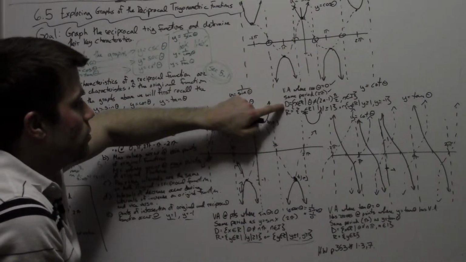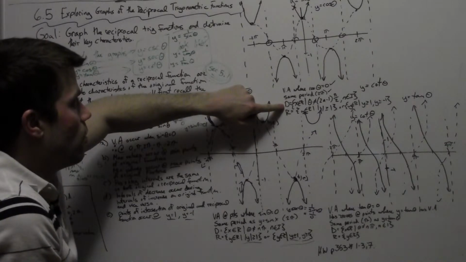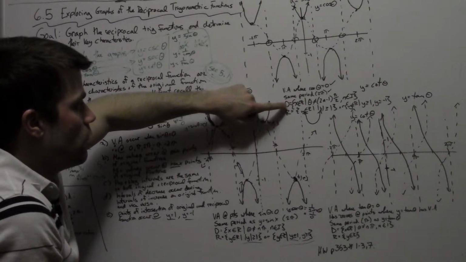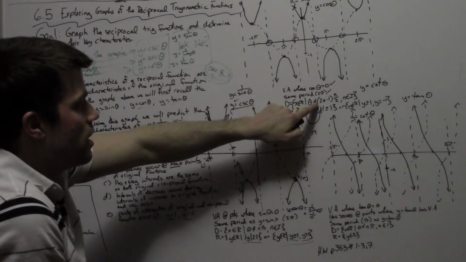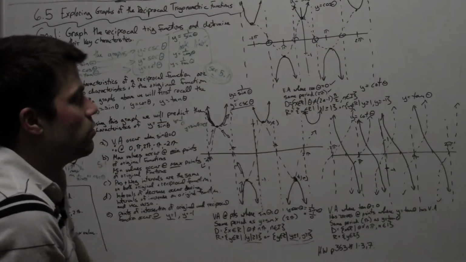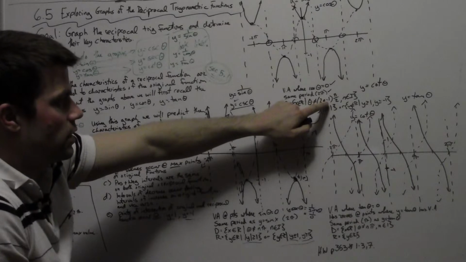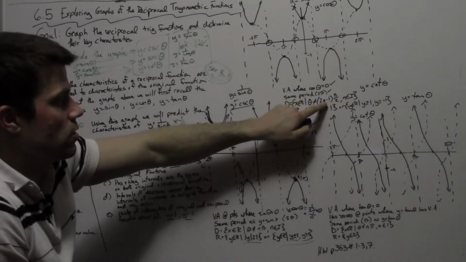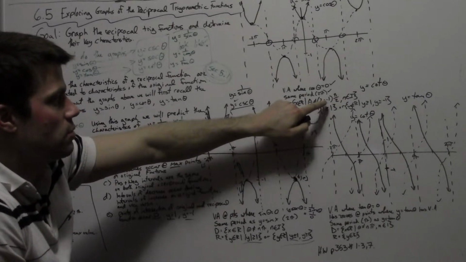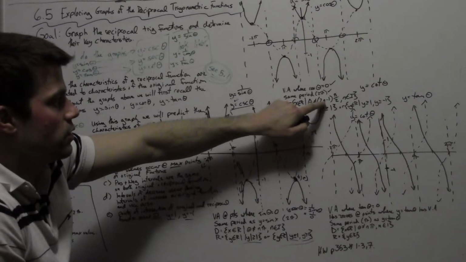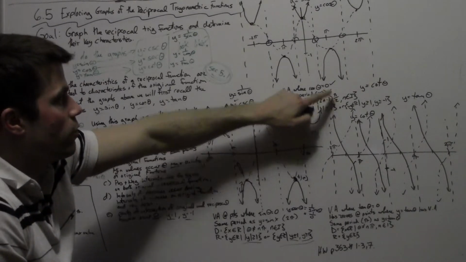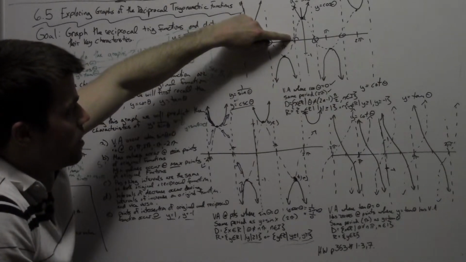So domain now, similar to the domain for y equals cosecant theta, we have x ∈ ℝ. Theta now cannot equal (2n minus 1) times pi over 2. So this seems complex, but again, n is just integer numbers increasing by whole numbers. If n was 0, this would be 0 minus 1 times pi over 2, which would be negative pi over 2.